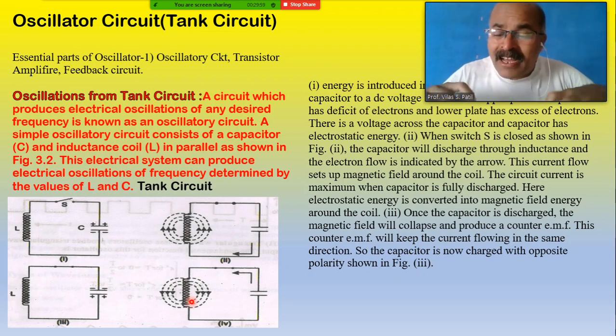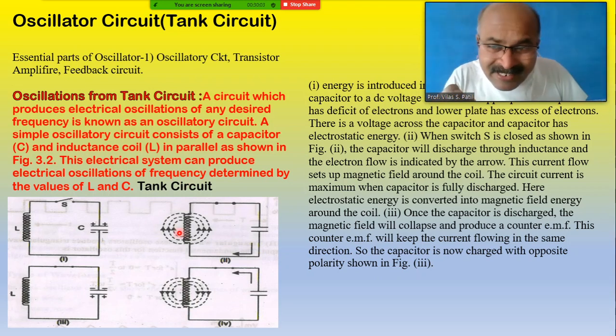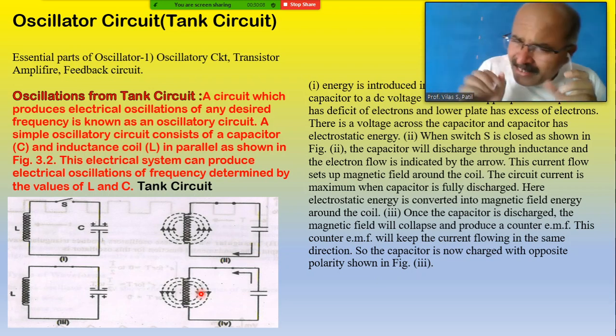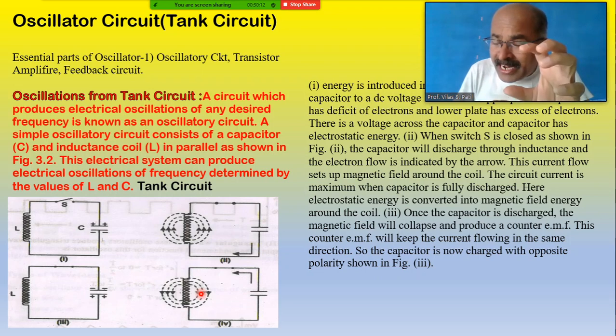It will again be opposite in direction. Means here the flux direction is upward, and here the flux direction becomes downward. In this way, between the capacitor and the inductance, the interconversion of energy takes place.